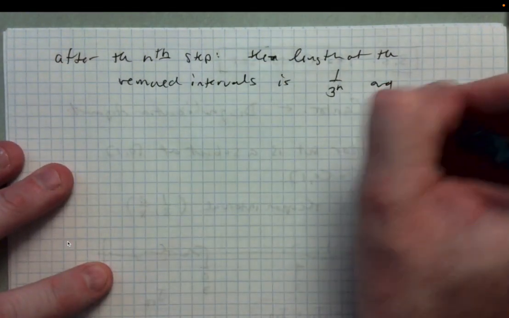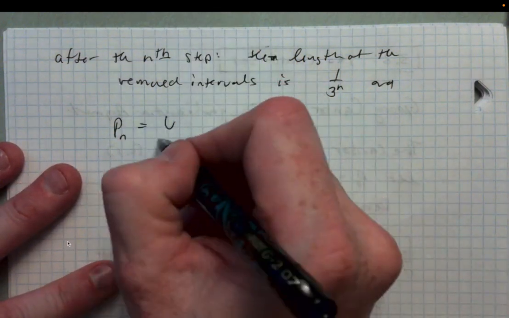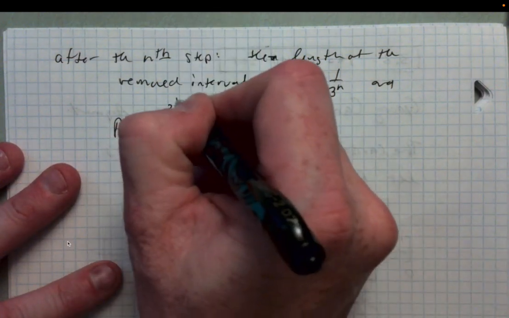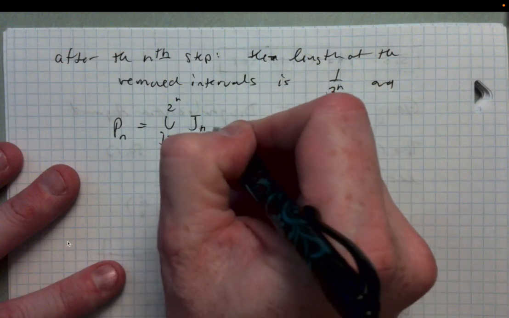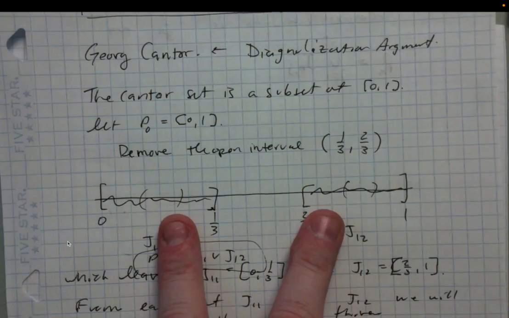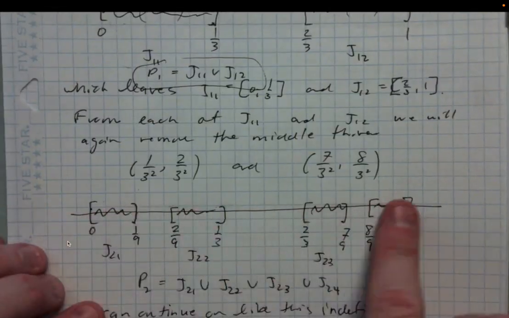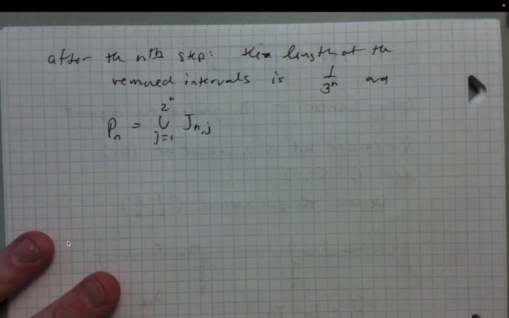And P sub n is going to be equal to the union of j equals 1 to 2 to the n of J n comma j. Right? Why is it 2 to the n? Well, because at each step you double the number of intervals. Going back here, the first step we had 2 intervals, the second step we had 4 intervals, the nth step will have 2 to the n intervals.